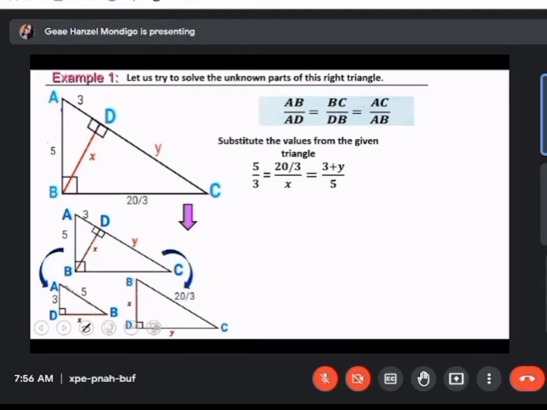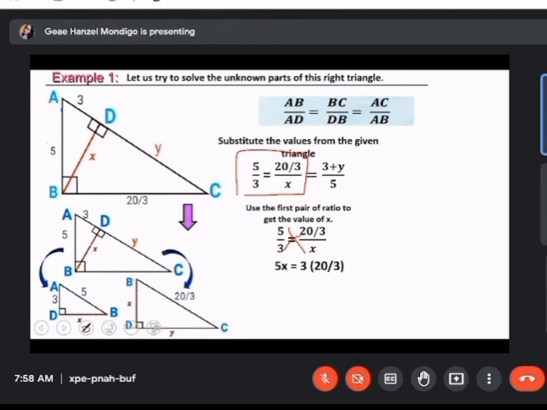So dili na to lisod-lisod na tong kaugalingon, no? So we're going to use this first pair of ratio to get the value of our x. To find the value of x, we're going to cross multiply, right? Just cross multiply since we have now substituted the given values. So now we have 5x is equal to 3 times 20 over 3.